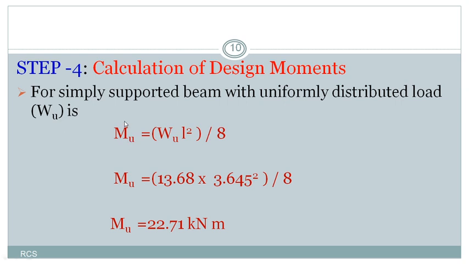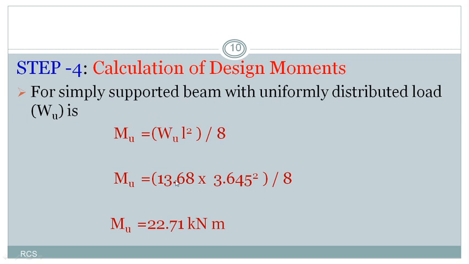In place of W, we are using the factored load. Finally, the maximum bending moment, or ultimate bending moment, or factored bending moment, Mu is equal to WL square by 8. Already we have calculated W. So Mu equals 13.68 into the effective span 3.645 square by 8.